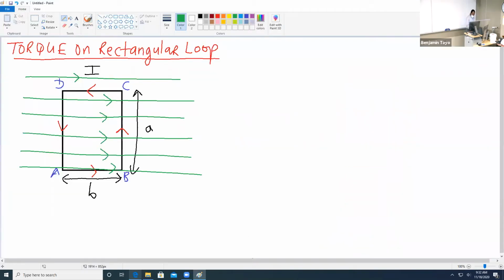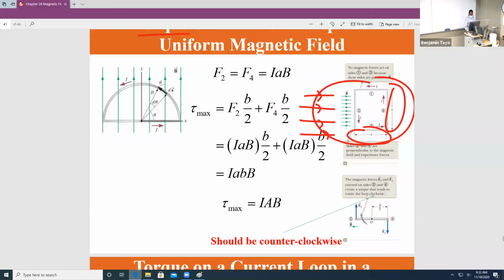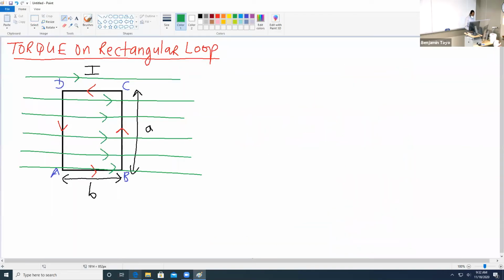Now, let me see here. Let's say that there's a force here, F1. Call this force F1, F2, F3, and F4.